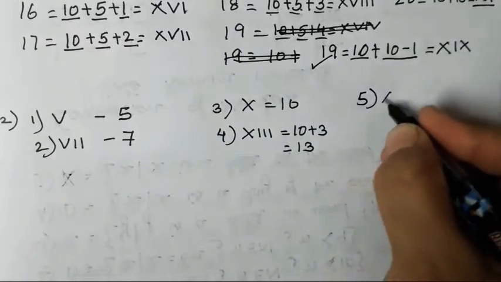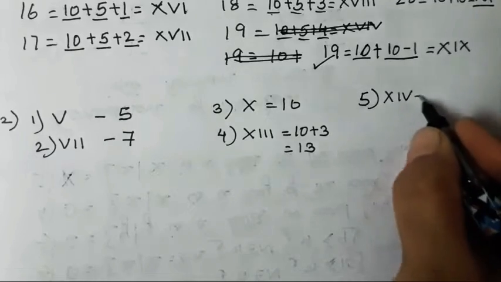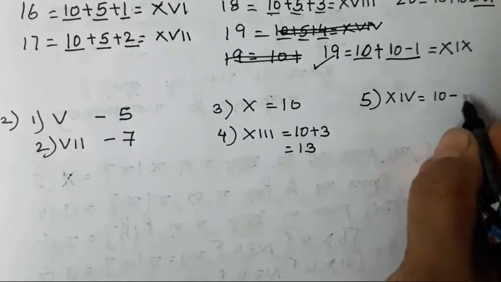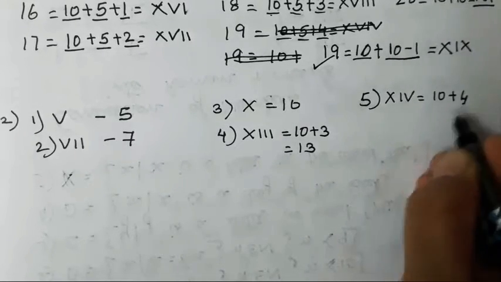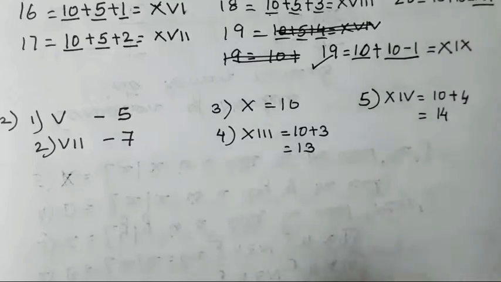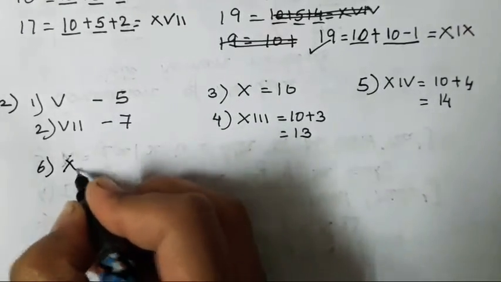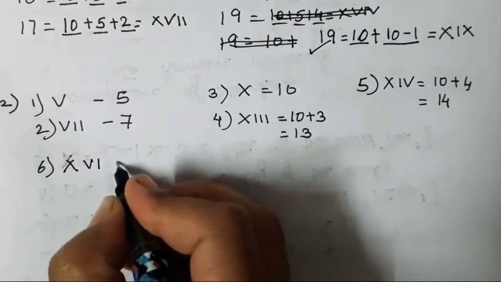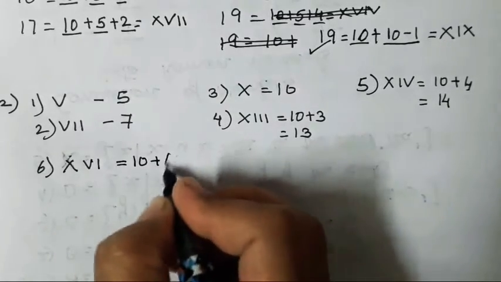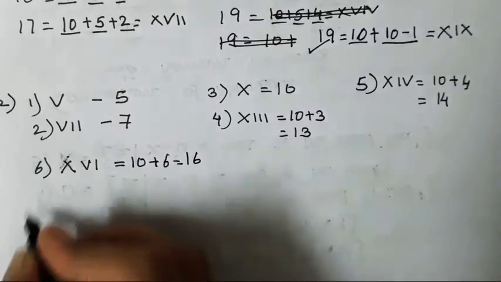Fifth one is 10 and 4. So 10 plus 4, it will be 14. Sixth one is 10 and 6. So 10 plus 6 is going to be 16.